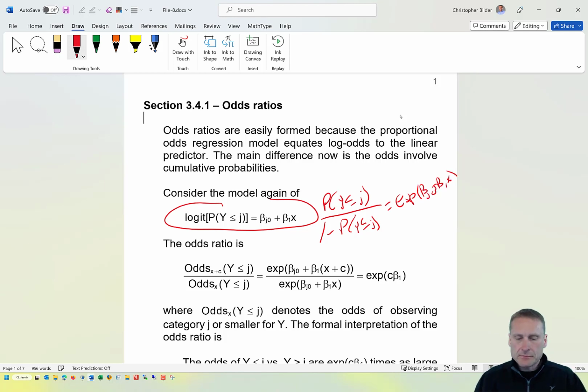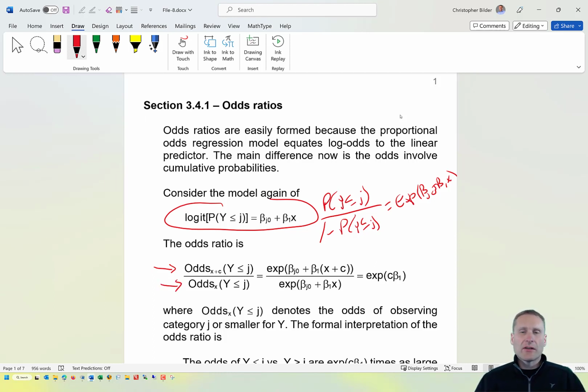So once we have the odds, we can find an odds ratio where we compare x with a C unit increase in x. So to do that, here's the odds for a C unit increase in x. Here's the odds just at x itself.